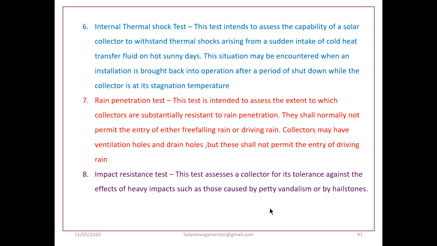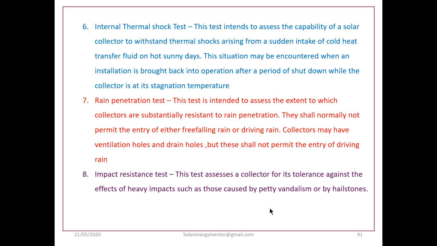Does it sustain that thermal shock? That is tested in the internal thermal shock test. This situation may be encountered when an installation is brought back into operation after a period of shutdown, while the collector is at its stagnation temperature.